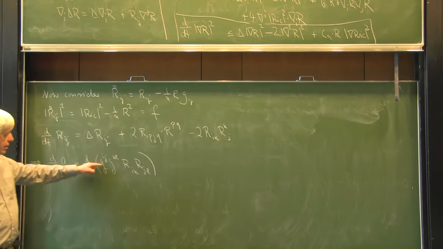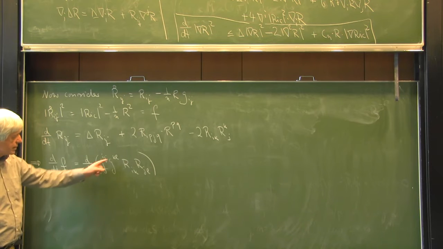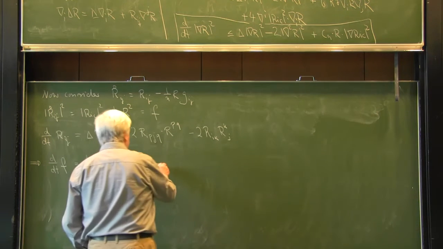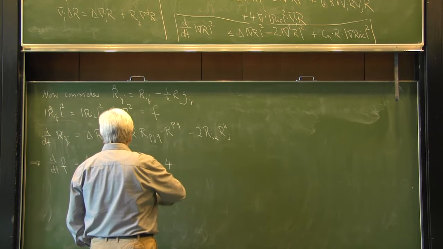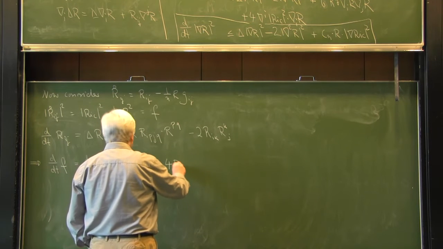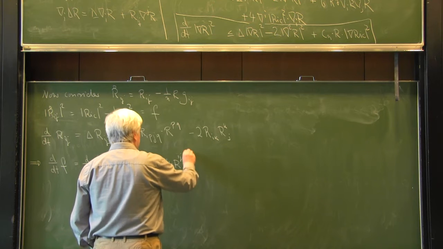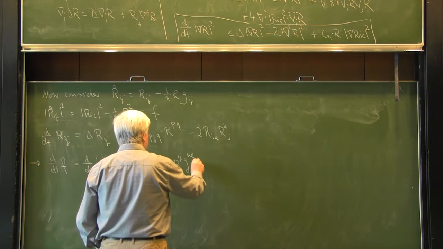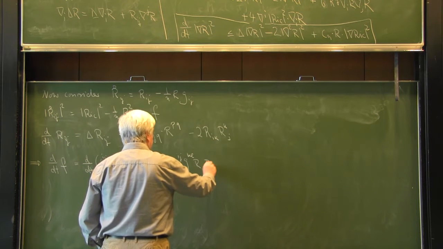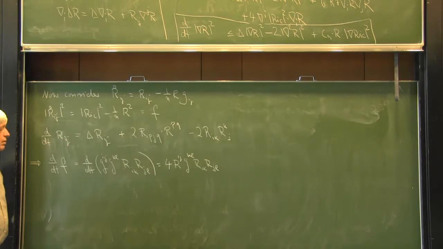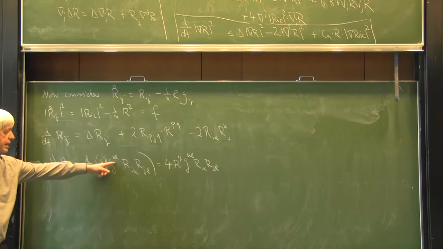And so I have to not forget these terms, since this is the inverse of the metric. It's symmetric, so I get from here plus 4 times the Ricci tensor, say R_ij g^kl R_ik R_jl. This comes from these two terms here.